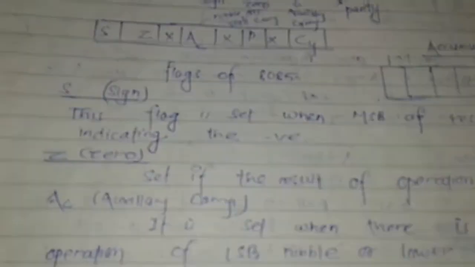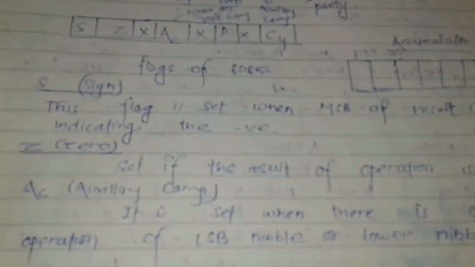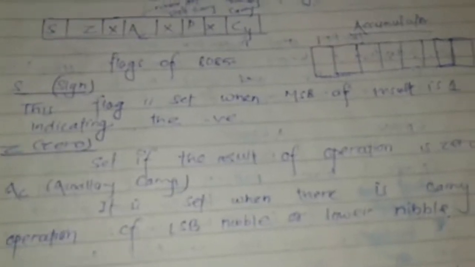So next flag is zero. If after doing the operation we get 0, then it will set the flag for the result of the operation being 0 in the accumulator. If the result is 0, then it will be 1, and if not, then no.